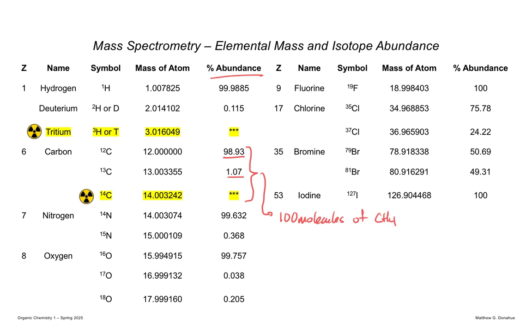The stable isotope 13, you see that we've added that neutron, so the mass increases, and it has some stuff after the decimal. But if you look at the numbers 98.93 and 1.07, you'll see that equals 100. So conceptually, what does that mean? If we consider 100 molecules of methane, CH4, so you have this container, within it there's 100 molecules of methane.